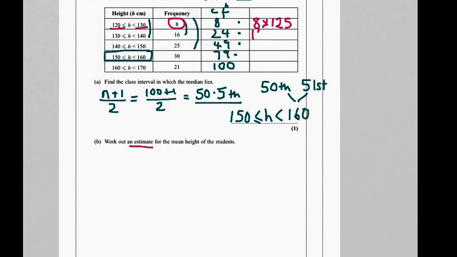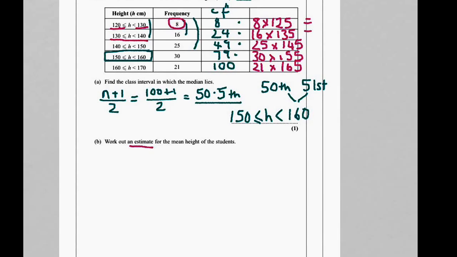I'm going to say the next 16 were each 135, so each time I'm taking the midpoint of the class interval itself. I'm going to say these 25 people were each at 145 centimetres. I'm going to say that these 30 people were each at 155 centimetres. And finally, these 21 people were each 165 centimetres.